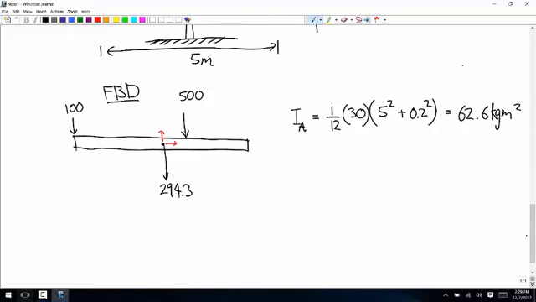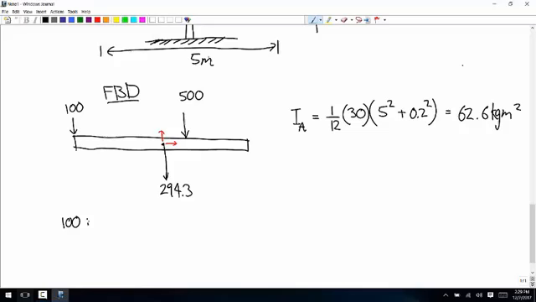And now we'll calculate the moments. So the 100 Newton force. That one's really acting up in the corner. But we can just slide it down until the line between the axis and where the force is applied is perpendicular to the force. Remember what I'm talking about with that?